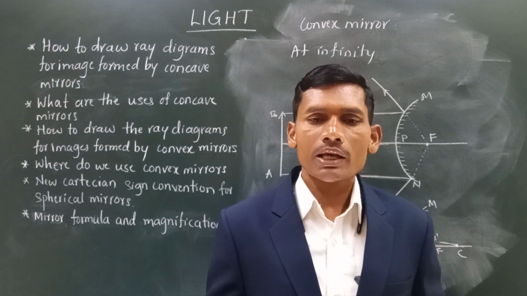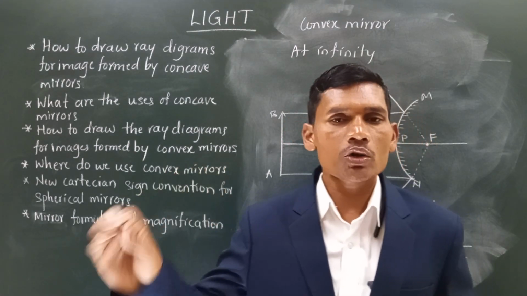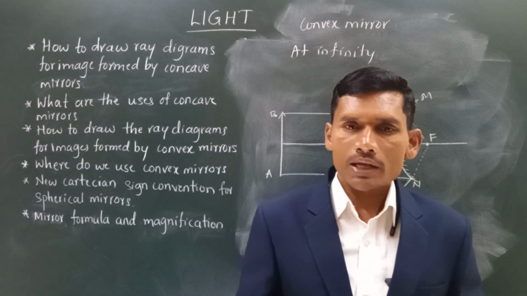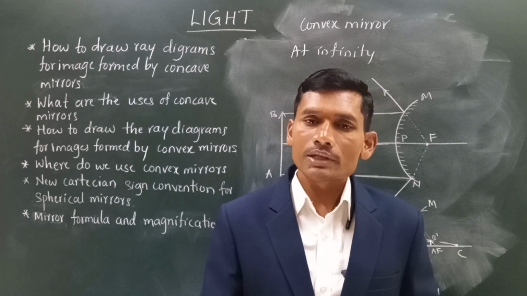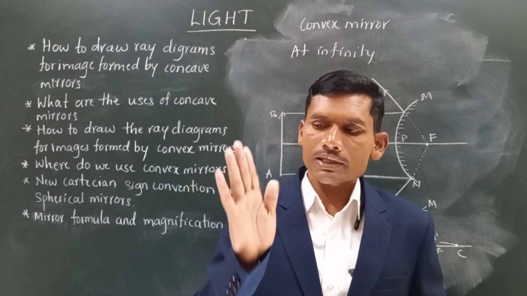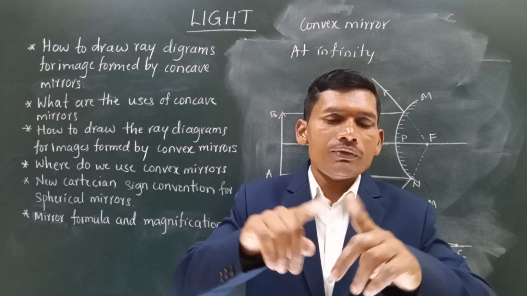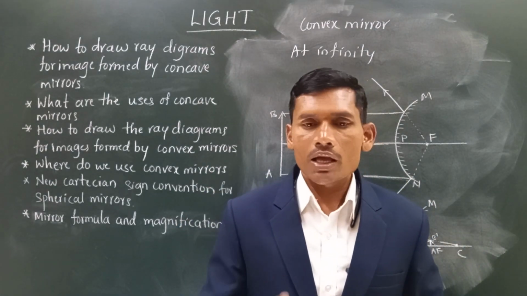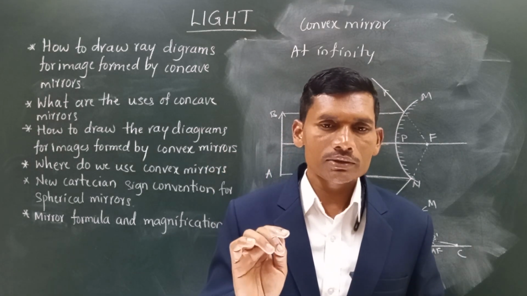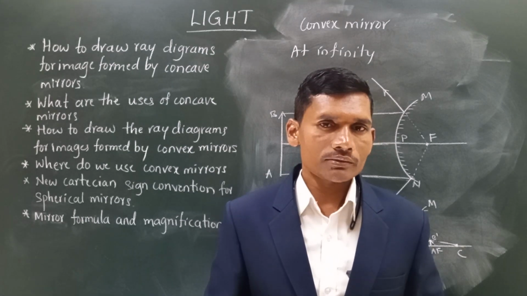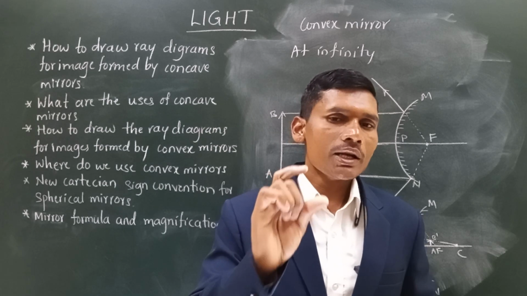They will be asking you many times, what is the reason for using the convex mirror as rear view mirror on automobiles? The reason is like this: as the convex mirror's surface is curved outwards, it covers a larger area, means a large field of view. And though it is diminished, means small in size, the image is erect. That is one more point. It covers a large area and gives an erect image.